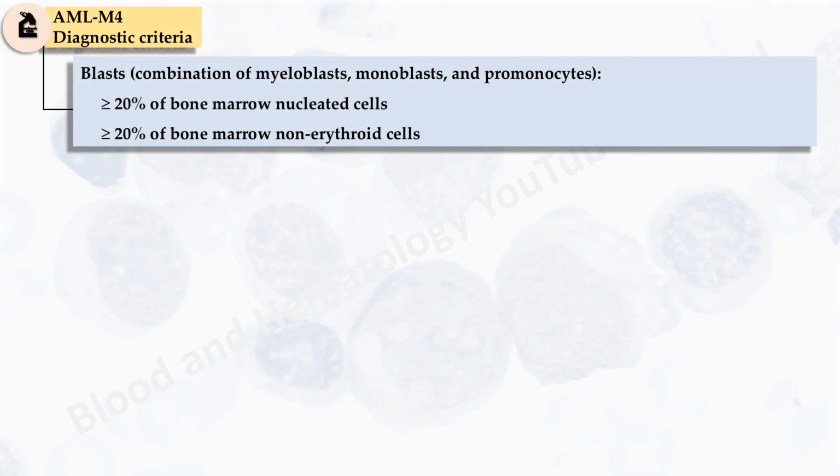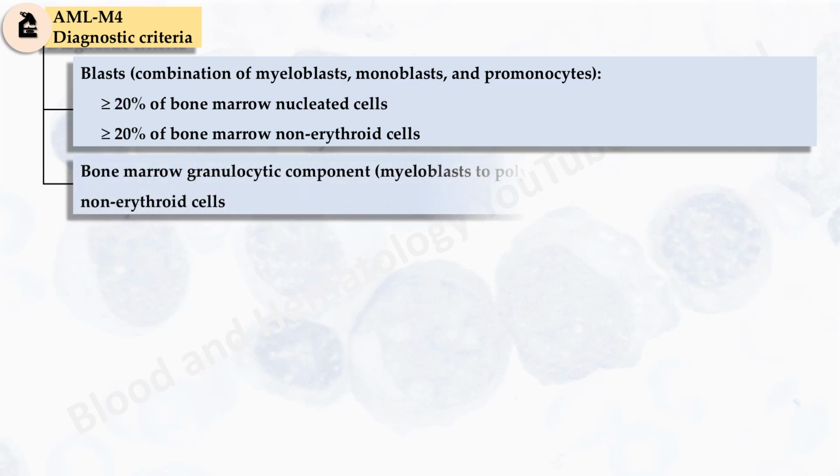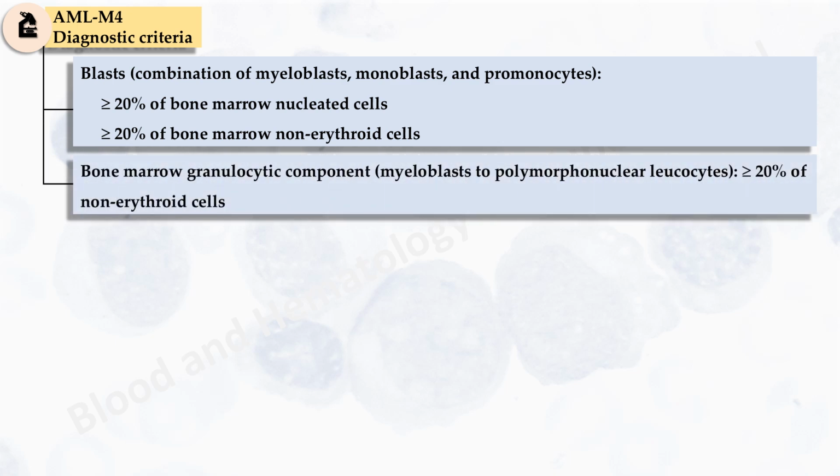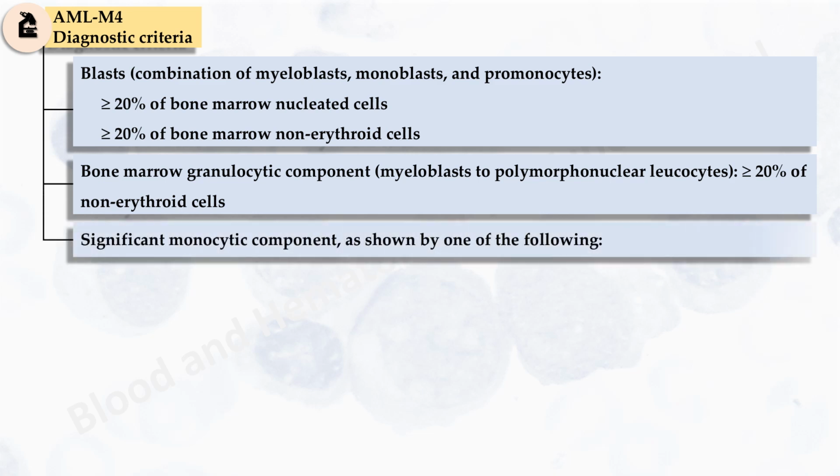Diagnostic criteria of AML-M4 include: blasts comprise 20% or more of bone marrow nucleated cells and 20% or higher of bone marrow non-erythroid cells. Bone marrow granulocytic component, myeloblasts to polymorphonuclear leukocytes, comprise 20% or more of non-erythroid cells, and significant monocytic component, as shown by one of the following.